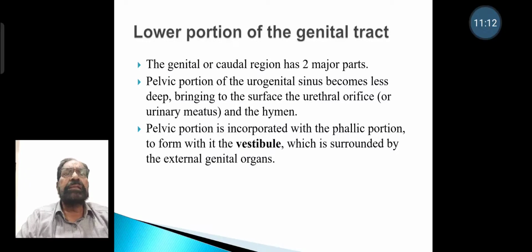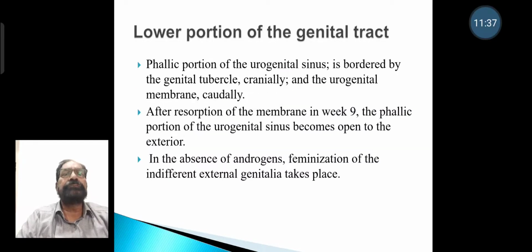The genital or caudal region has two major parts. The pelvic portion of the urogenital sinus becomes less deep, bringing to the surface the urethral orifice and the hymen. The pelvic portion is incorporated with the phallic portion to form the vestibule, which is surrounded by external genital organs.